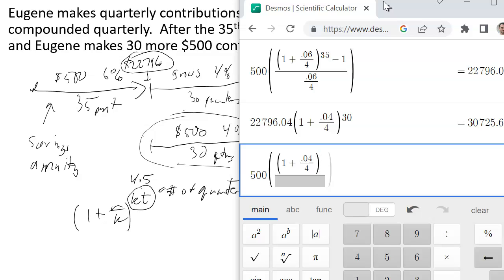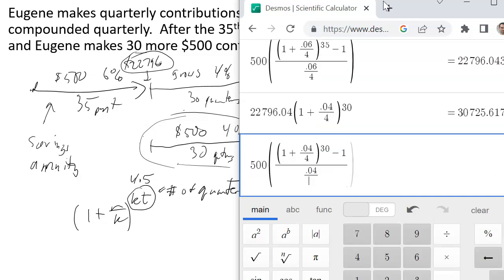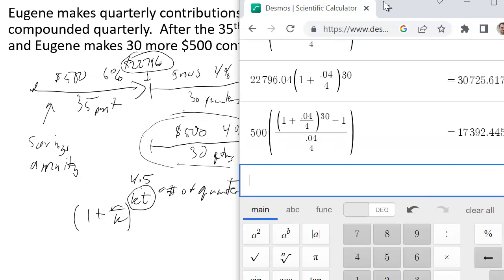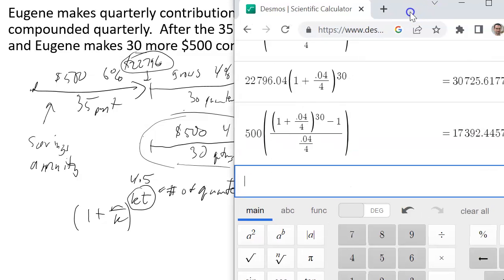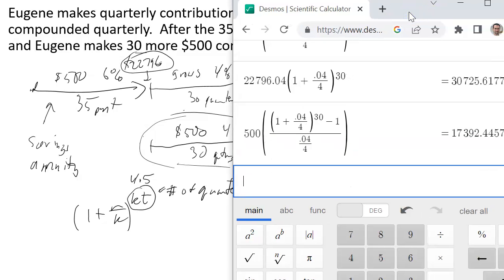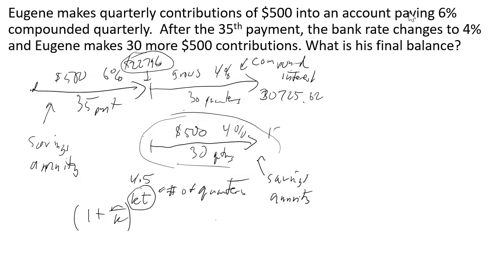My exponent is going to be the number of quarters, since we're given that instead of years. And we've got the 0.04 over 4. And there we go. After those 30 quarters, this chunk of money has grown to $17,392 and some change.